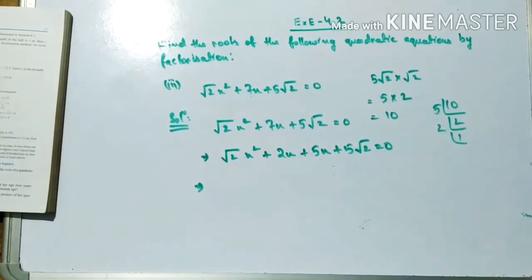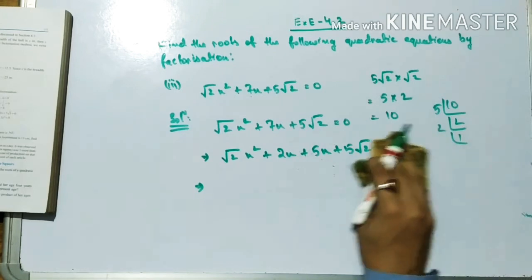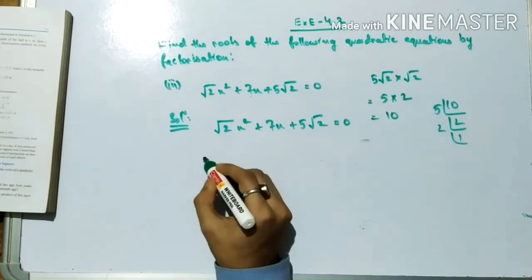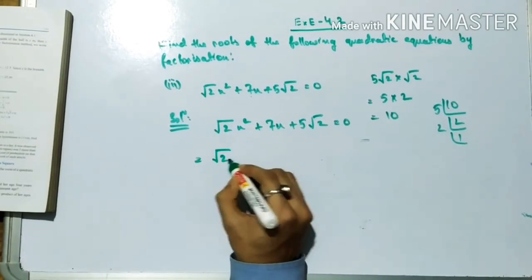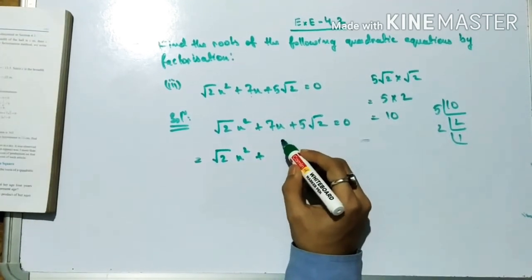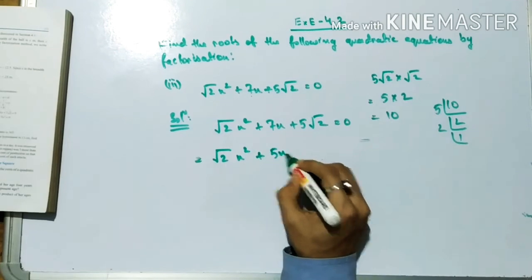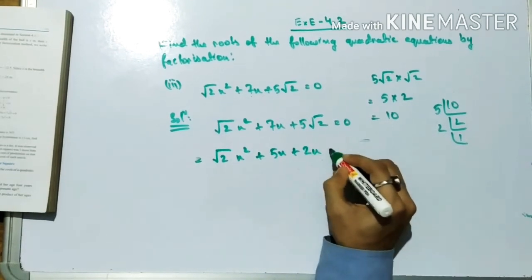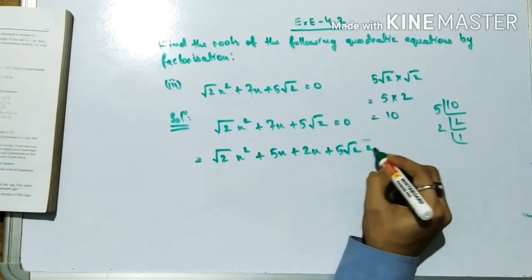This is 7x there, no problem. Let me write it in this way only. Earlier I wrote 5x plus 2x plus 5 root 2 is equal to 0.